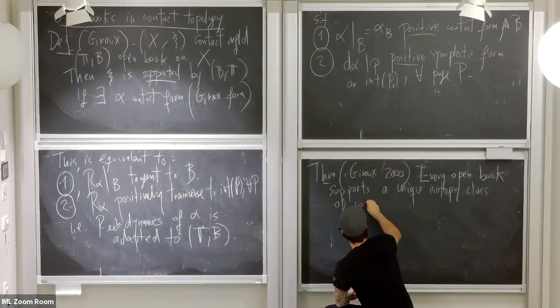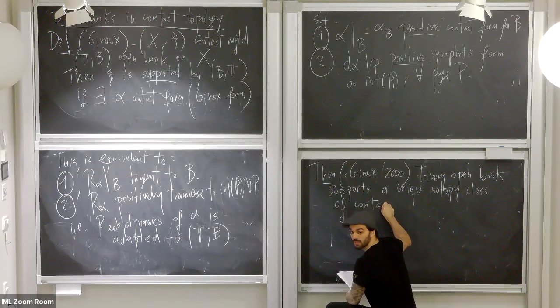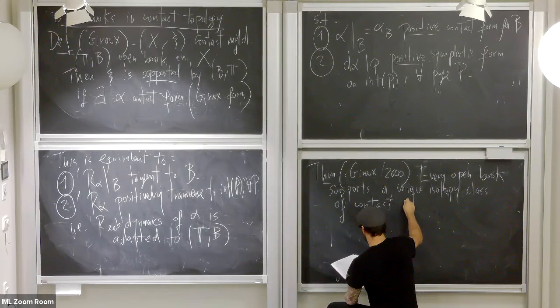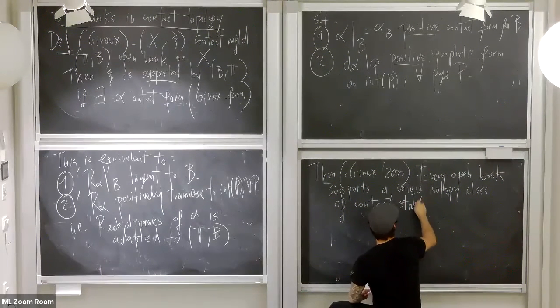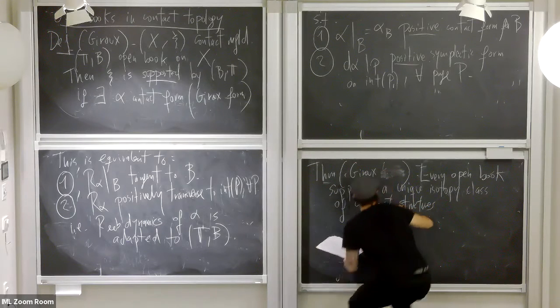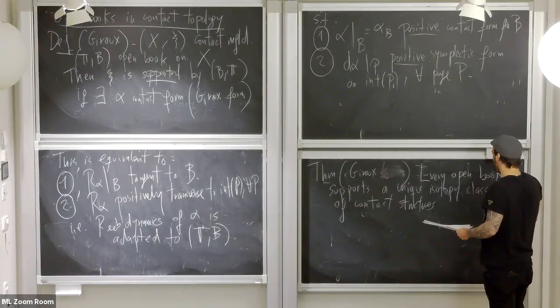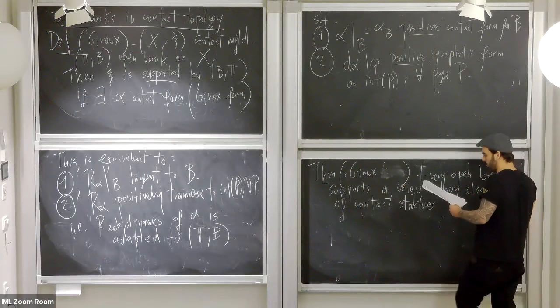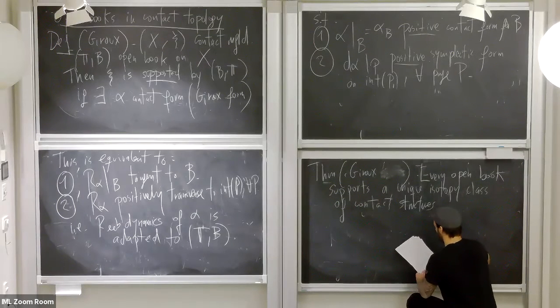I wonder if in 2000 it was not only for dimension 3. It was in any dimension, right? In 2000, I'm not sure, actually. When I heard about it in 2000, he was talking about dimension 3. So maybe 2000 is dimension 3, and this one is the high dimensions. Who knows? Anyway, every open book supports a unique isotopic class of contact structures, and any contact structure admits a supporting open book.